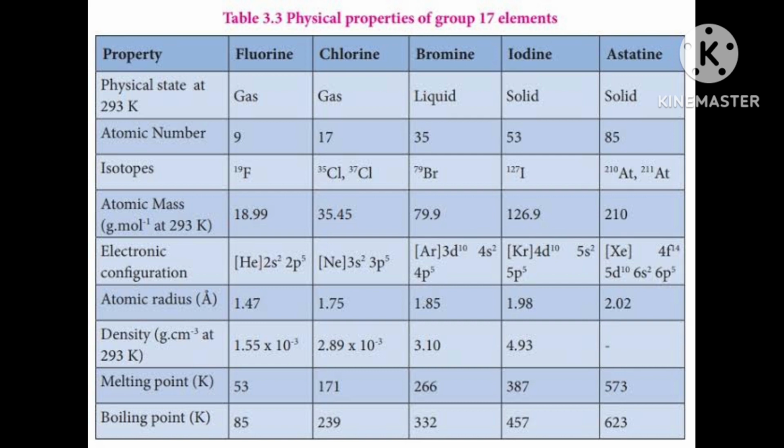Like other elements of the p-block present in the second period of the periodic table, fluorine is anomalous in many properties. For example, ionization enthalpy, electronegativity and electrode potentials are all higher for fluorine than expected from the trends set by other halogens.